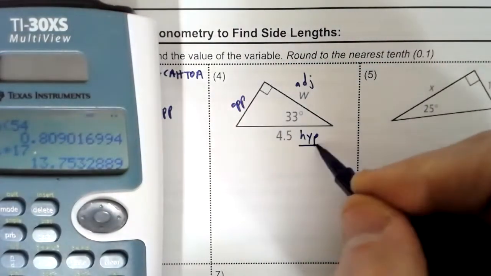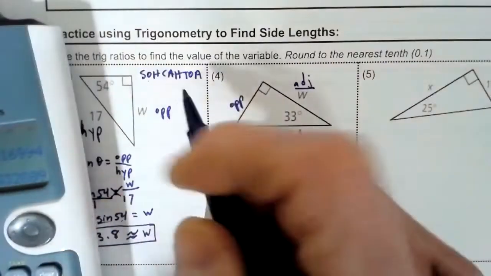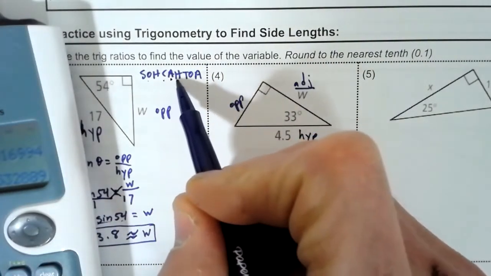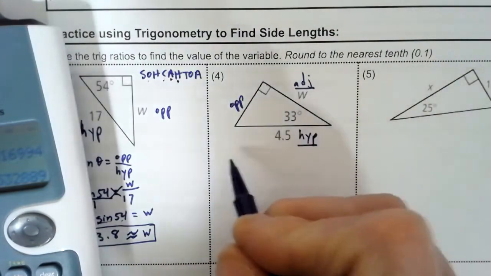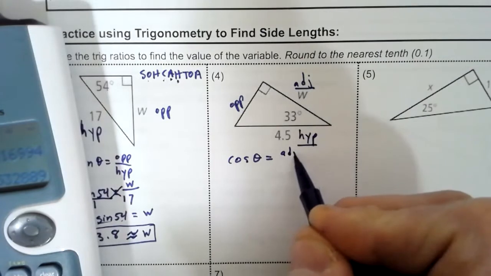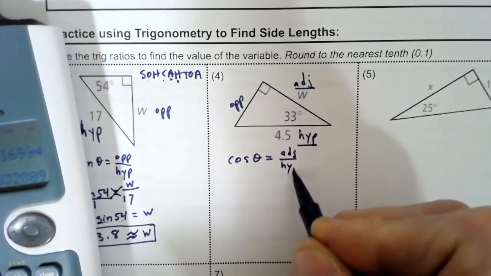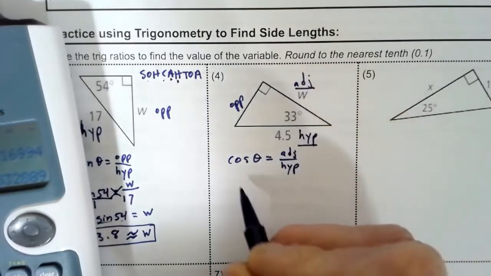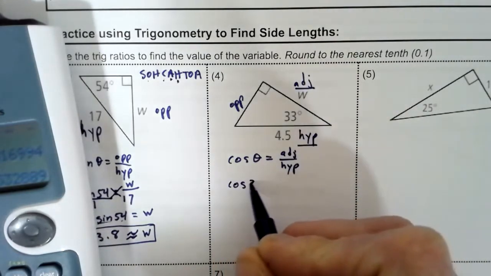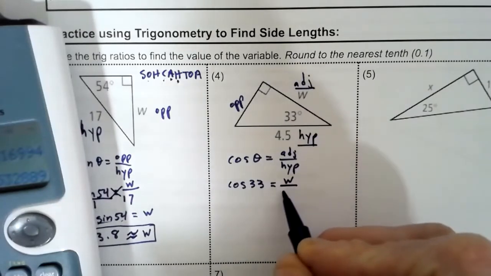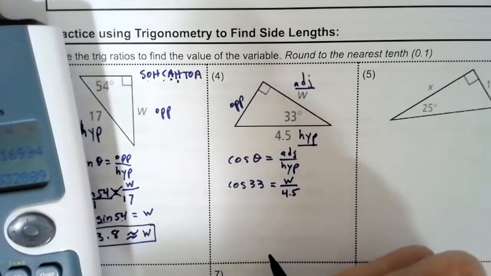Now, we've got the hypotenuse and the adjacent, and we look over here, and that points us towards cosine. Cosine, adjacent, and hypotenuse. So I'm going to write my ratio out. Cosine of theta is equal to the adjacent over the hypotenuse. Now I plug in what I know. So cosine of 33 is equal to W divided by 4.5.